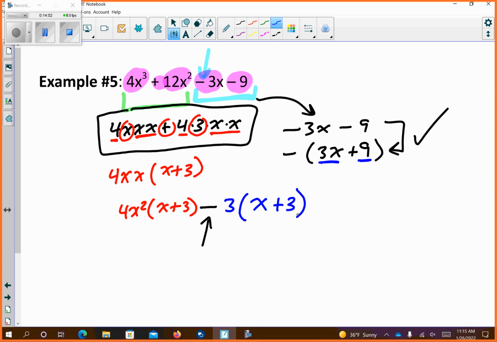Notice I kind of separated it into 2 parts. I had the first 2 terms, and I had the second 2 terms that I dealt with. I now have this being the same, so that's going to come out front. And then what do I have left? What do I have left? 4x squared minus 3.